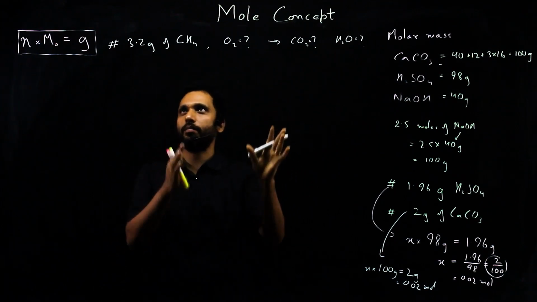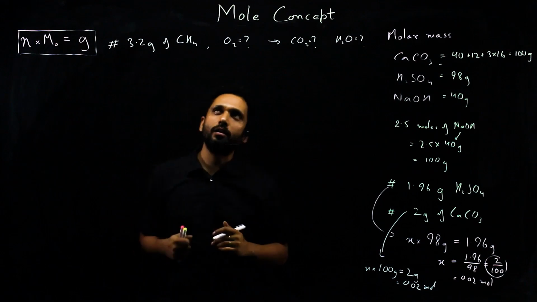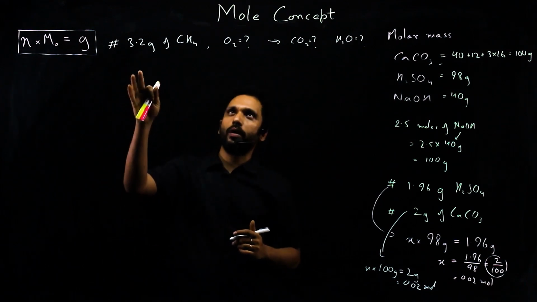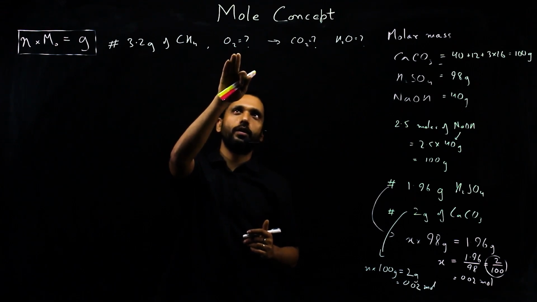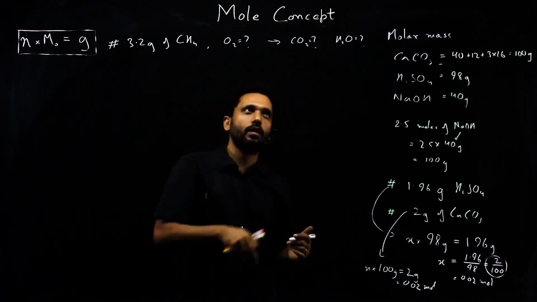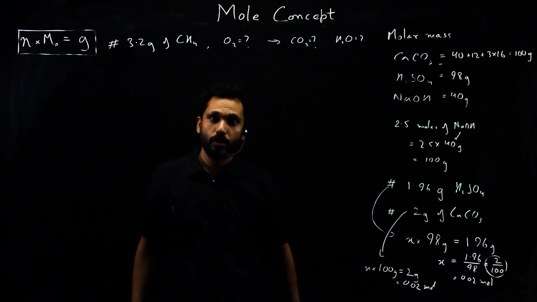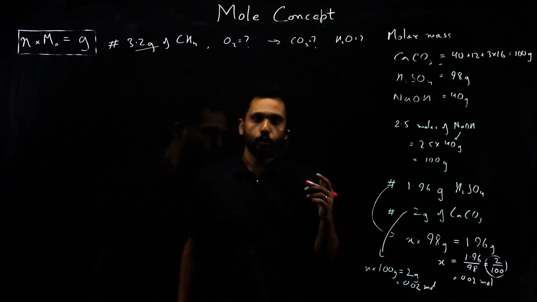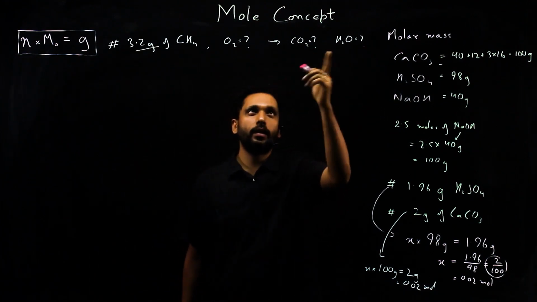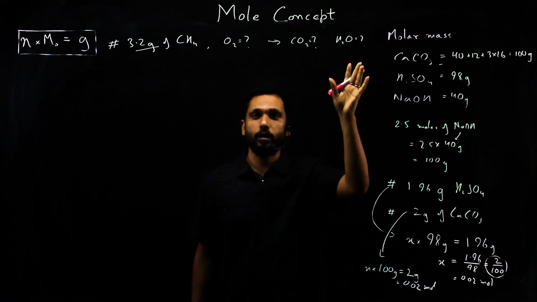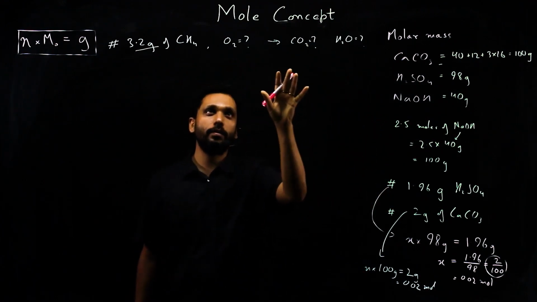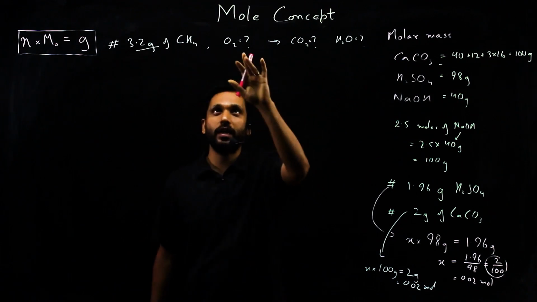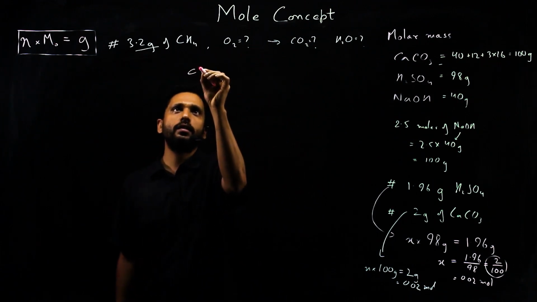You have some reaction happening, and you have weighed methane somehow, and you would like to know how much weight of oxygen it would react with, and how much weight of carbon dioxide and water is produced. To figure out how much oxygen would be required and how much carbon dioxide and water is produced, we should know how they react. What is the chemical reaction? How many of methane react with how many of oxygen?